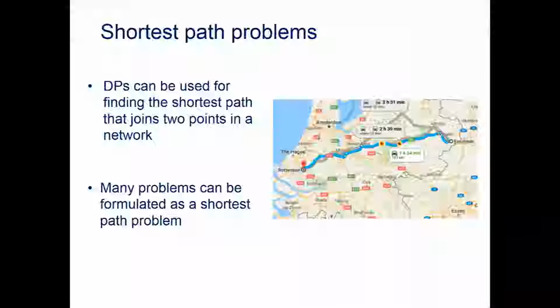How many people are familiar with the shortest path problem? All right, like everybody, right? Okay, well that's good because that's a perfect example of a dynamic program. I was using it last night to find my restaurant, Google Maps, and the reason I can get an answer just like that is because these problems are very, very easy to solve and very fundamental.